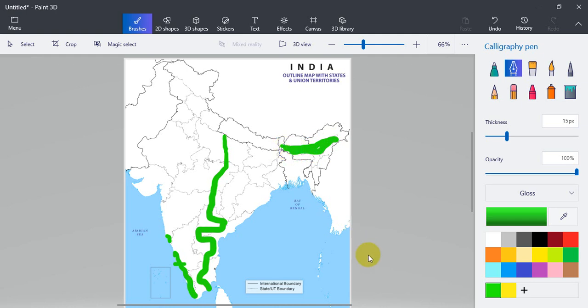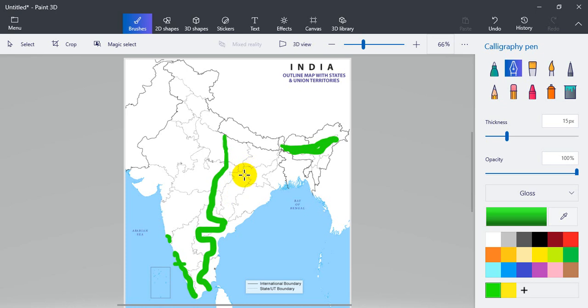Now here I am just moving the cursor. You can find some places where there are white areas. These are the areas which have not been marked with the dark green shade.